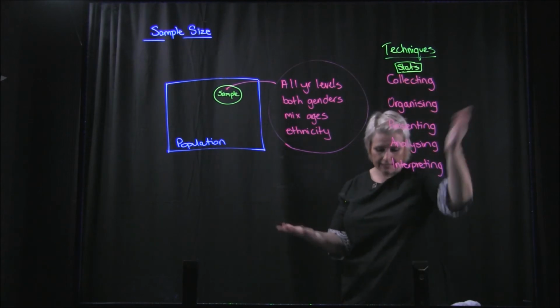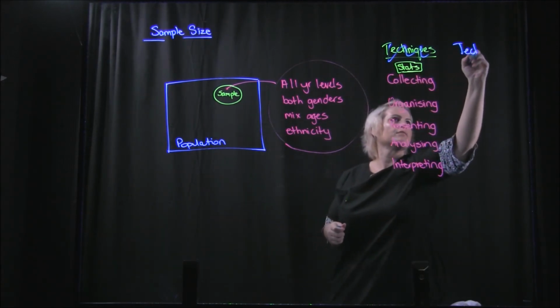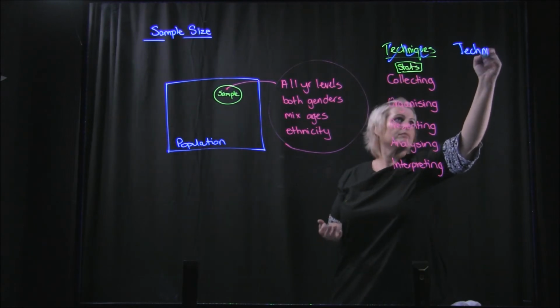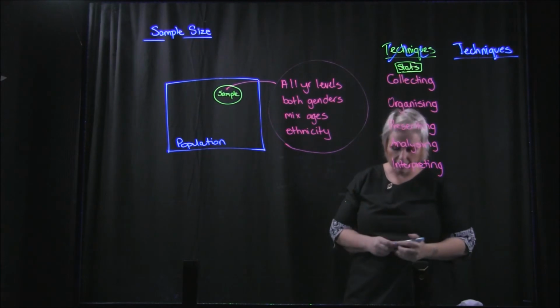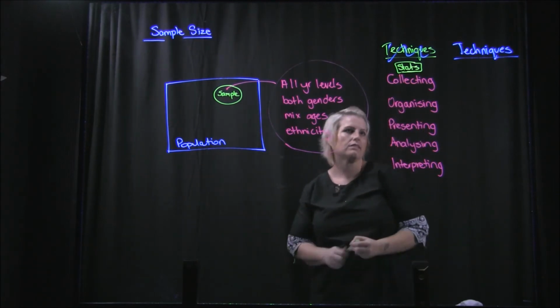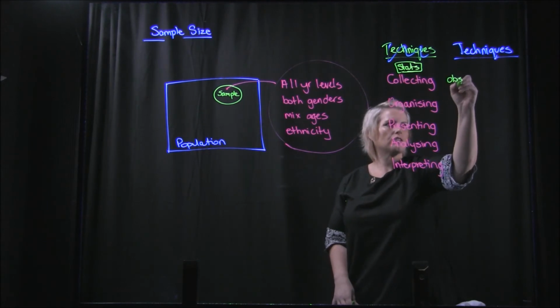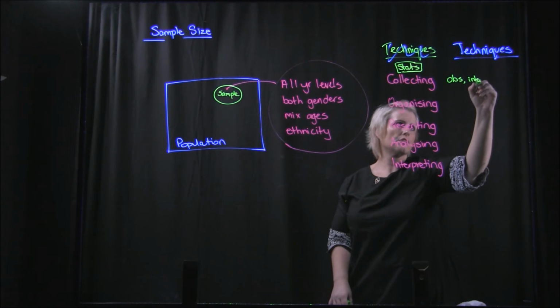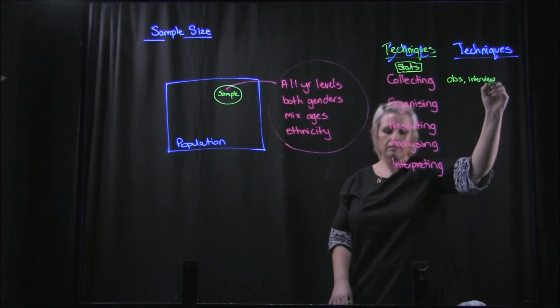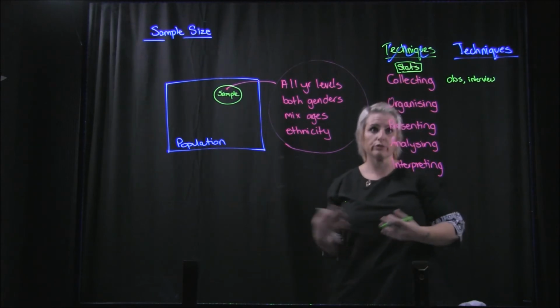Now the techniques, I possibly should have written that over here. The techniques used, so how it's actually done, well, there's a few different ways. For collecting, we've got observations, we can do interviews, we can use existing records or surveys.